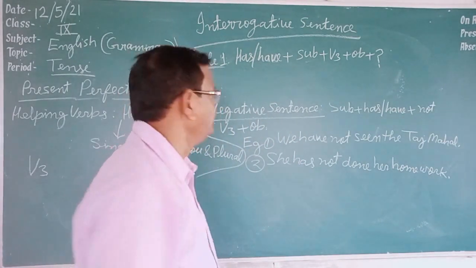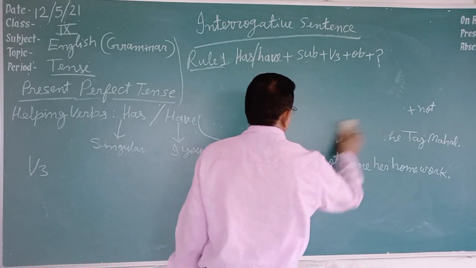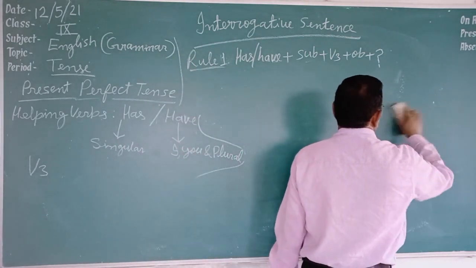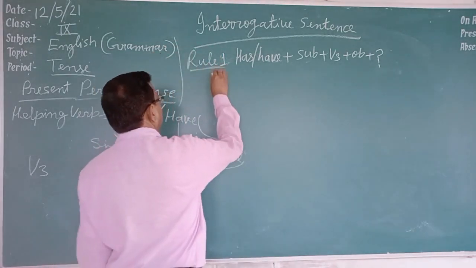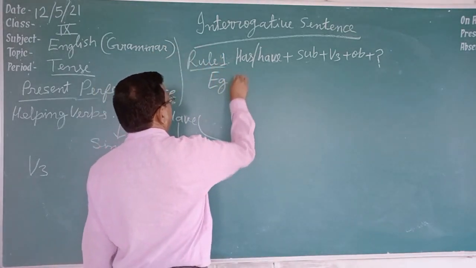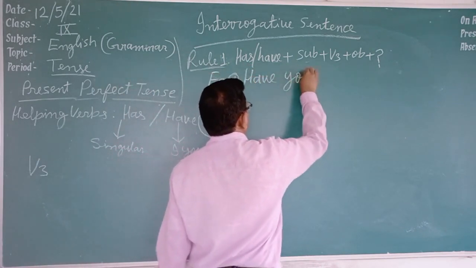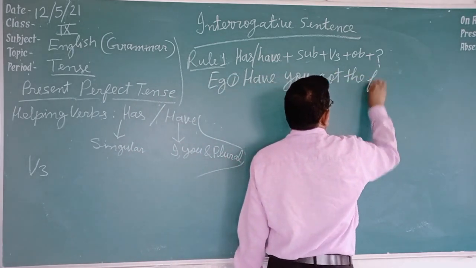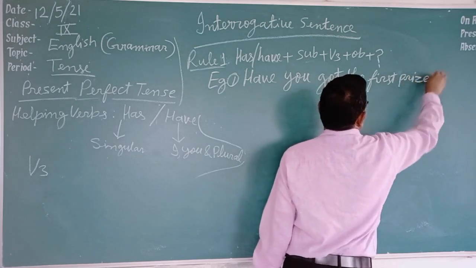Now you can see the example of this rule. Example: Have you got the first prize?